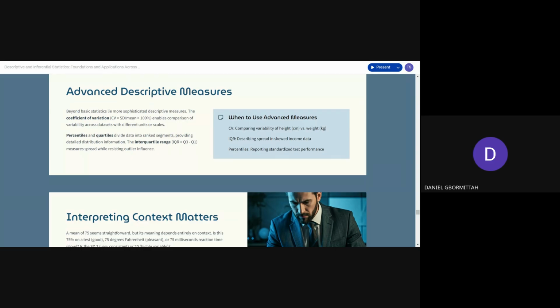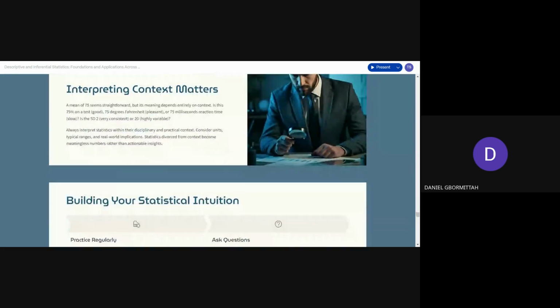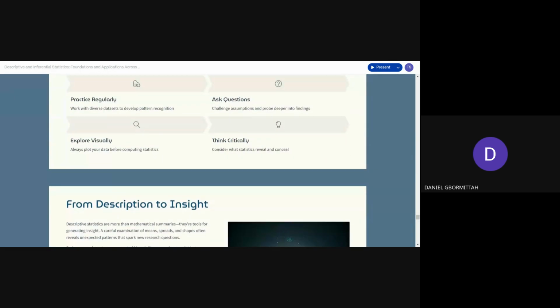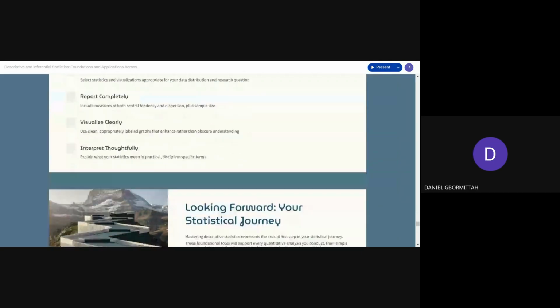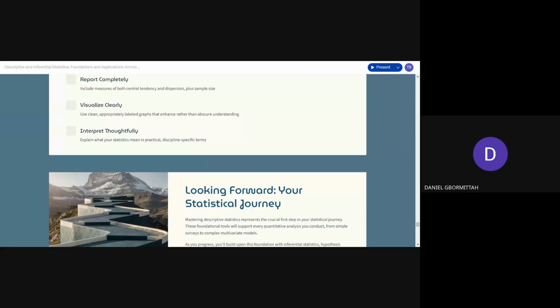So those are some of the things you also have to take into consideration when you are revising. Some of these ones, we have discussed them already. So let me see what is there that we haven't discussed.